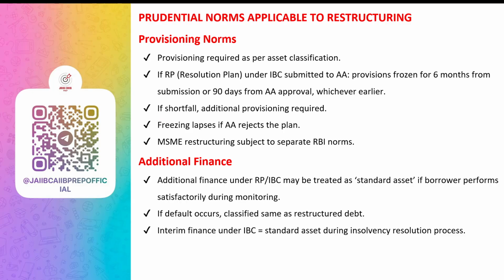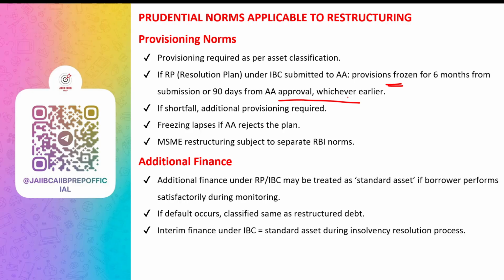Provisioning norms. When a loan is restructured, the bank may set aside money to cover potential losses. If a restructuring plan is submitted under IBC, then the provisions already made are frozen for 6 months from submission of the RP, or up to 90 days after the adjudicating authority approves the plan, whichever comes earlier.